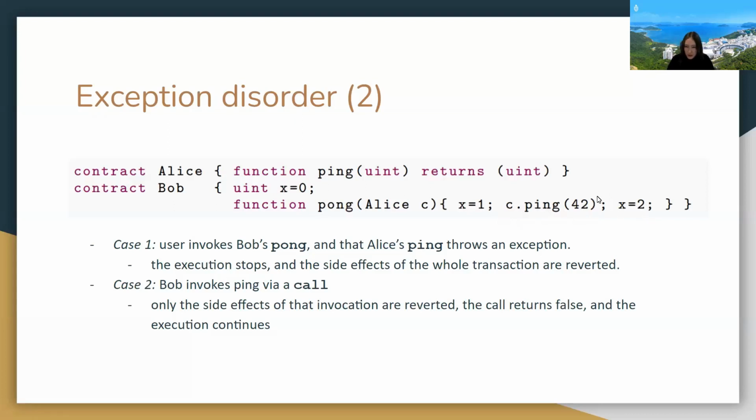In the first case, the whole transaction is reverted and x equals 0. In the second case, x equals 2 because execution continues. So depending on how you call the contract functions, exceptions are handled differently, and you need to consider that when writing a smart contract.